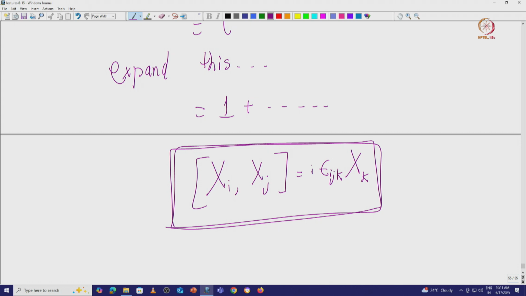After doing some calculations and imposing some conditions, you can derive something called commutation relations between the generators.